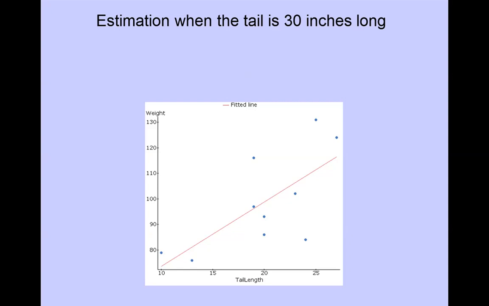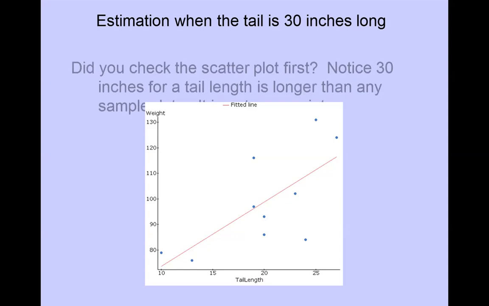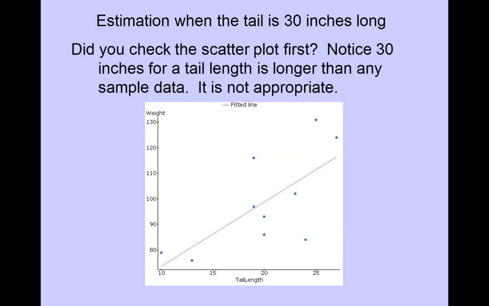What is the first thing you should do when asked for an estimate? Did you check the scatter plot? Where would 30 inches be located for a tail length? Well, it turns out it's not on our graph. It would be off to the right somewhere. So 30 inches is longer than any of the data in our sample. So it would not be appropriate to provide this estimate, and that would be your conclusion.